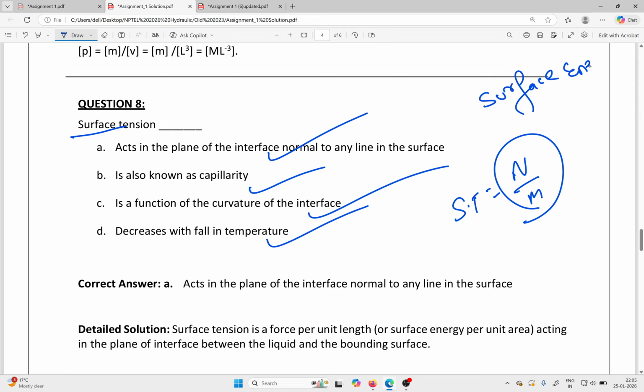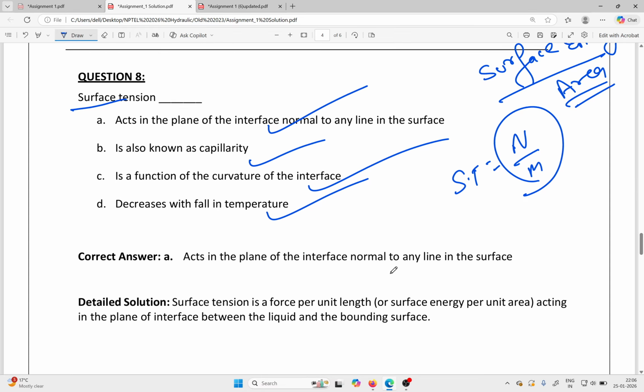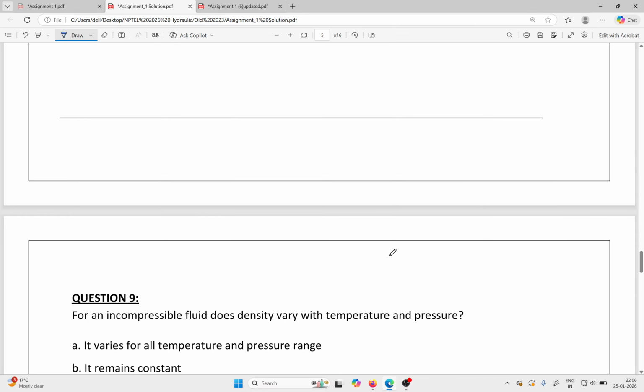Surface energy per unit area, acting in the plane of interface between the liquid and bounding surface. Remember, please. Now let us move on to the next question.